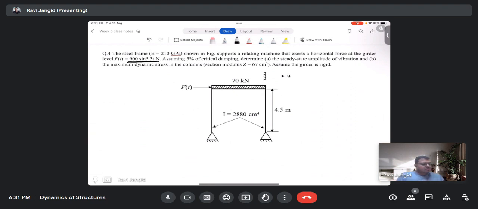Okay, it's a damped system with a forcing function. So you have all the components K, C, M, and as well as P naught, everything you have. You need to find out the steady state amplitude of the vibration. That steady state amplitude means the particular solution.